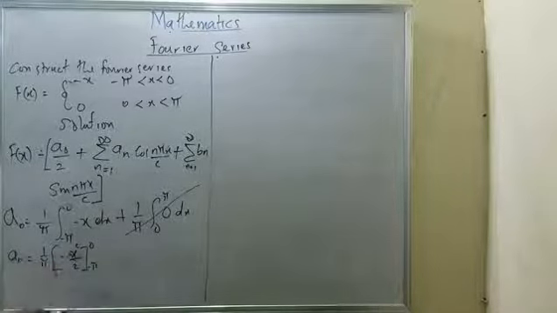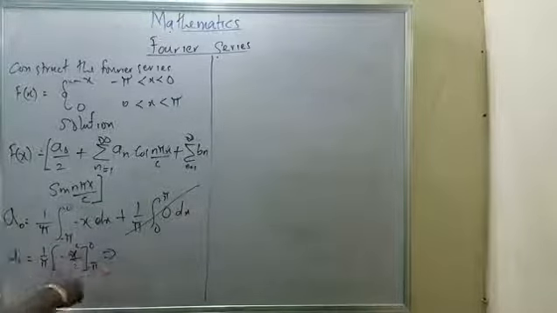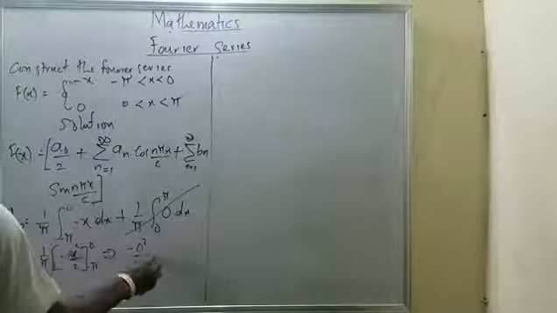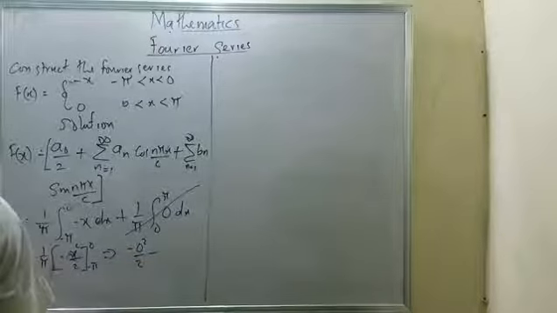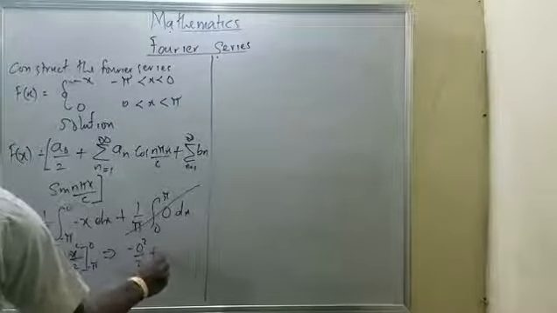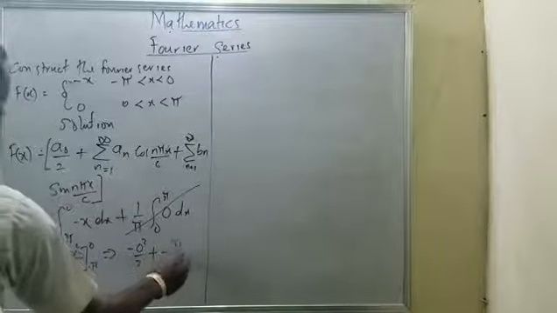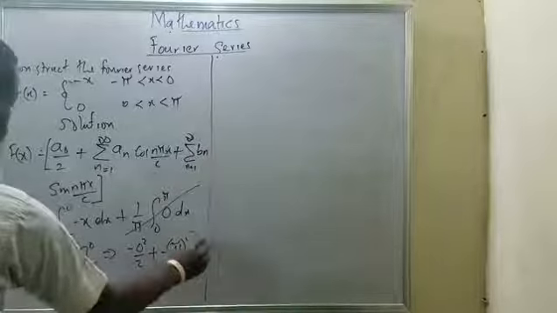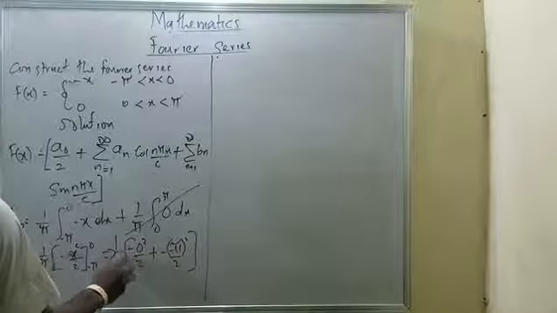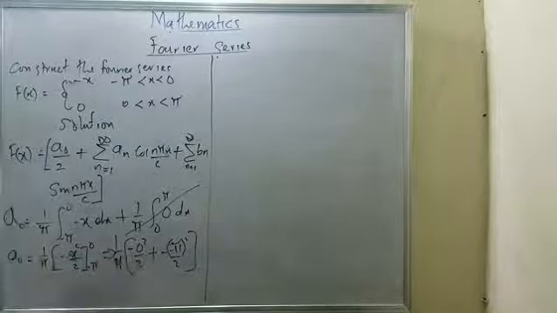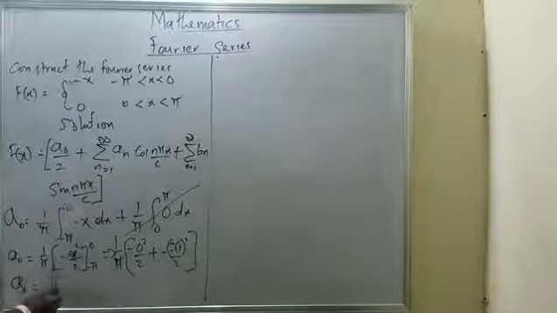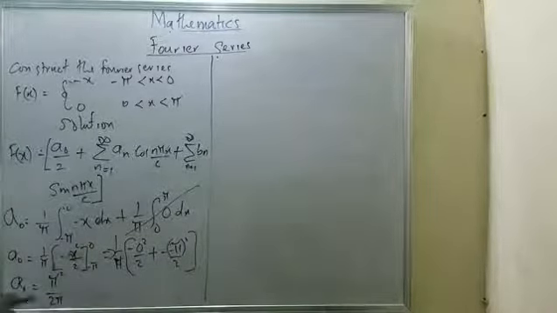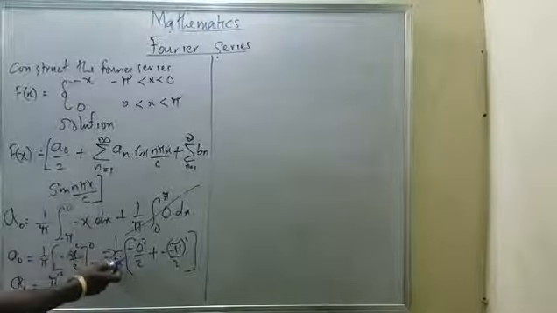When I do the upper limit and lower limit, it implies minus 0 squared all over 2, minus minus pi squared all over 2, which gives pi all over 2. Now I'll be having my a of n equals pi squared divided by 2 pi.